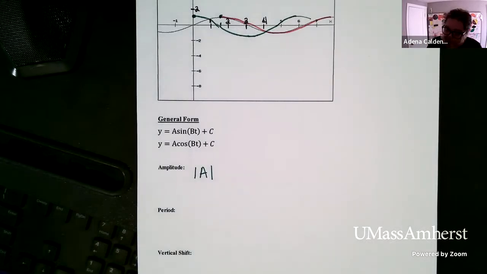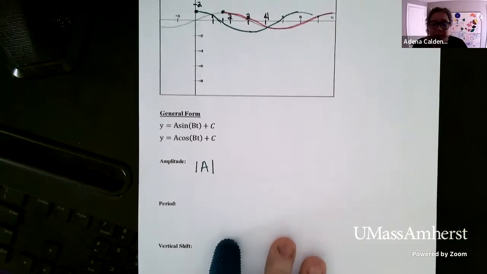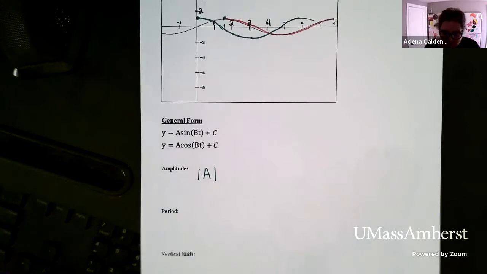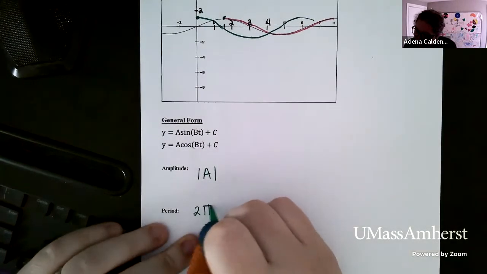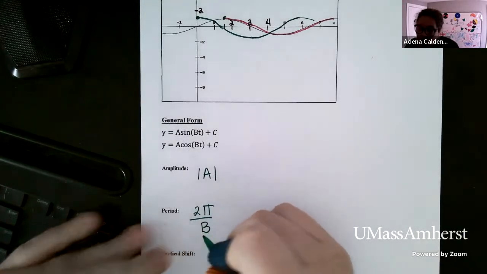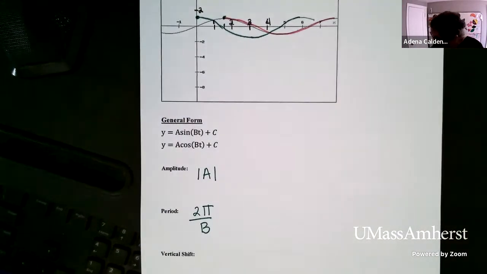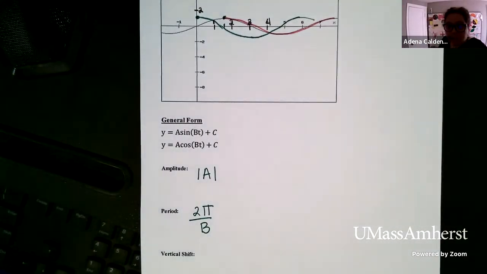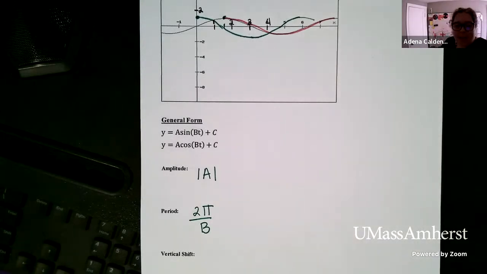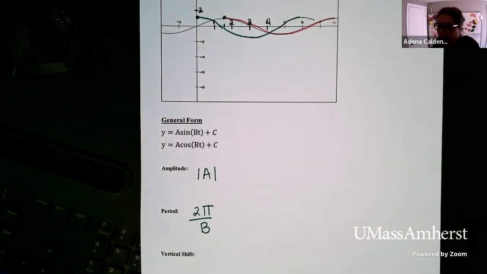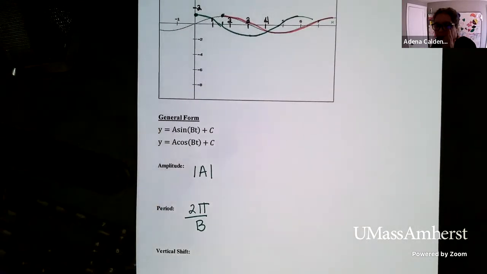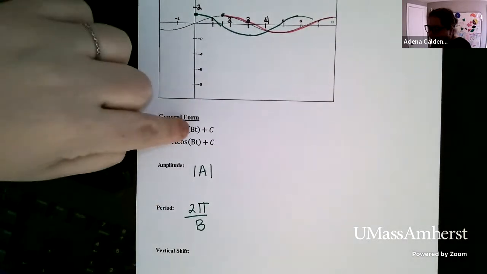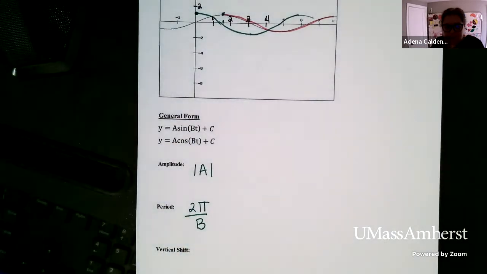Now for the period, remember the period is how often we repeat. And so the period is 2 pi over b, okay? So how do we use the period? Well, if we have the general form, if we are given the formula, we can find the period or how often it repeats by taking the b value and plugging it in.